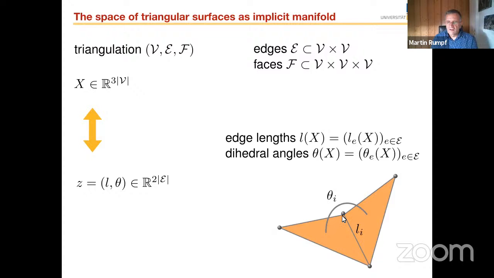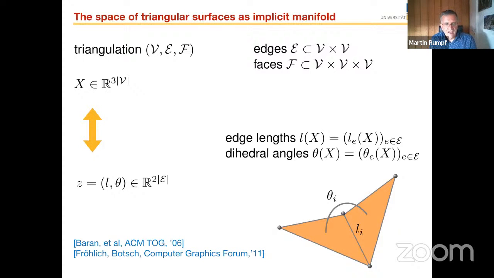And thereby we can also describe a given triangulation. It's very easy to see, basically by spreading out the triangulation using this L_i and theta_i information, that we get a unique representation. But the problem is, not all L theta vectors, which we from now on will call Z, represent really a triangular surface.